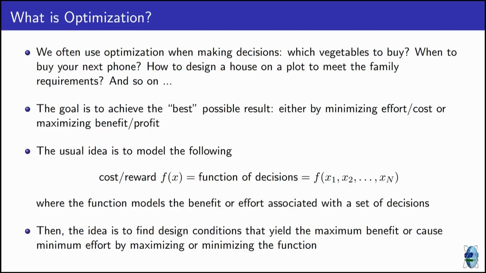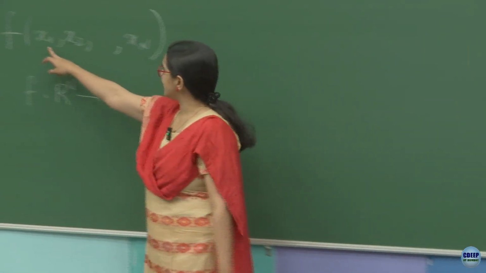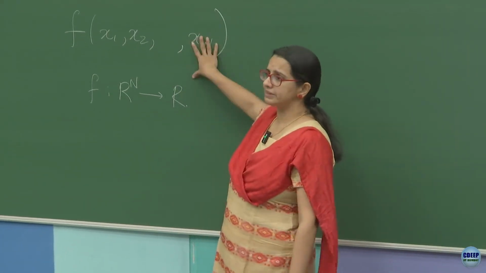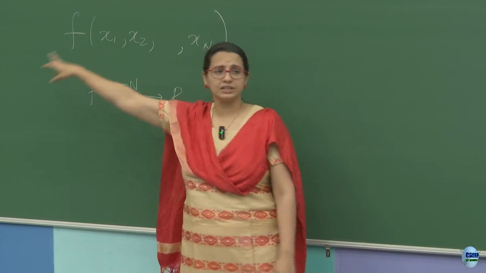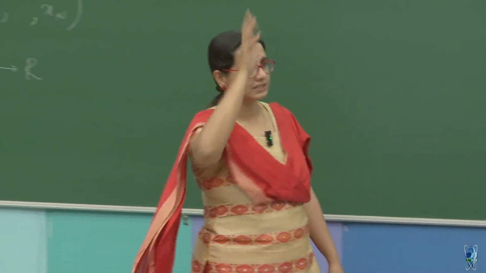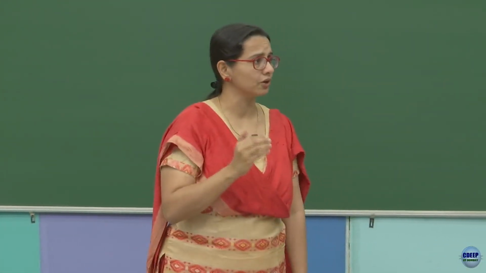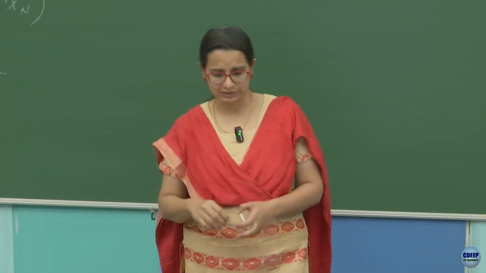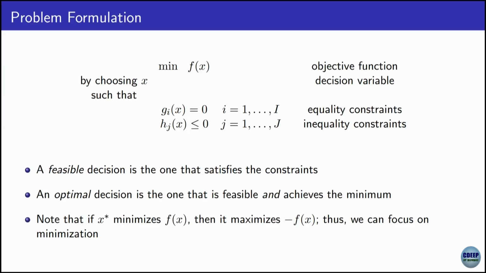Now, when I'm talking of optimization problems, I'm necessarily talking of what sort of choices I could make for x1, x2, all the way till xn, so that this particular f is either minimized or maximized. That is what I'm talking of when I'm talking of optimization problems. Okay. So we start off with the general case.